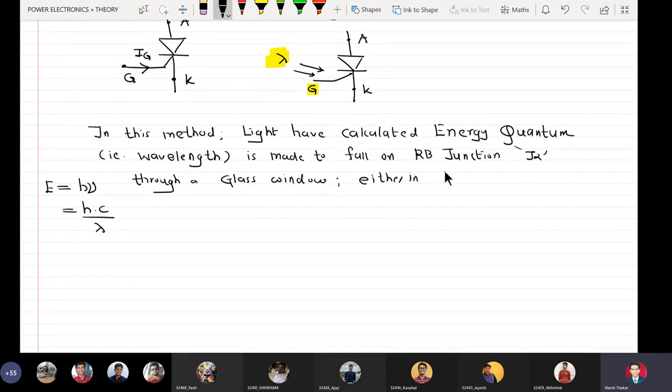This happens either in absence or presence of gate drive.